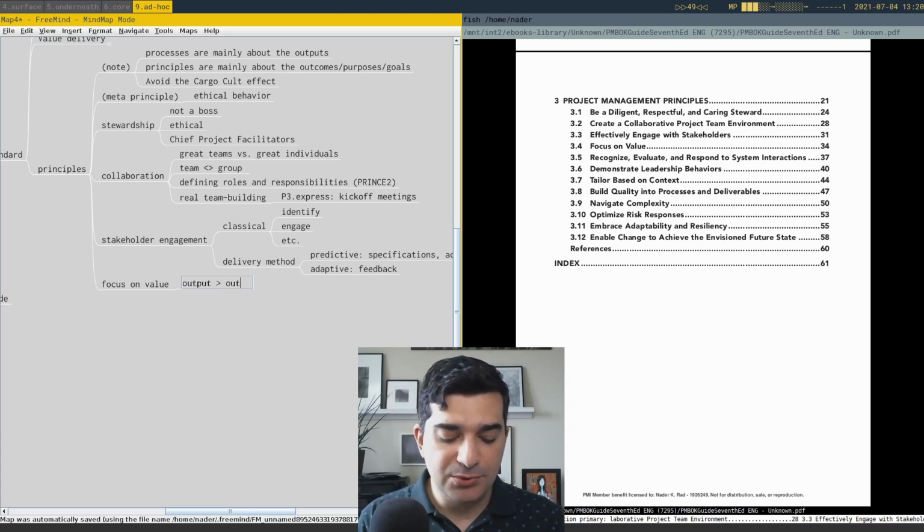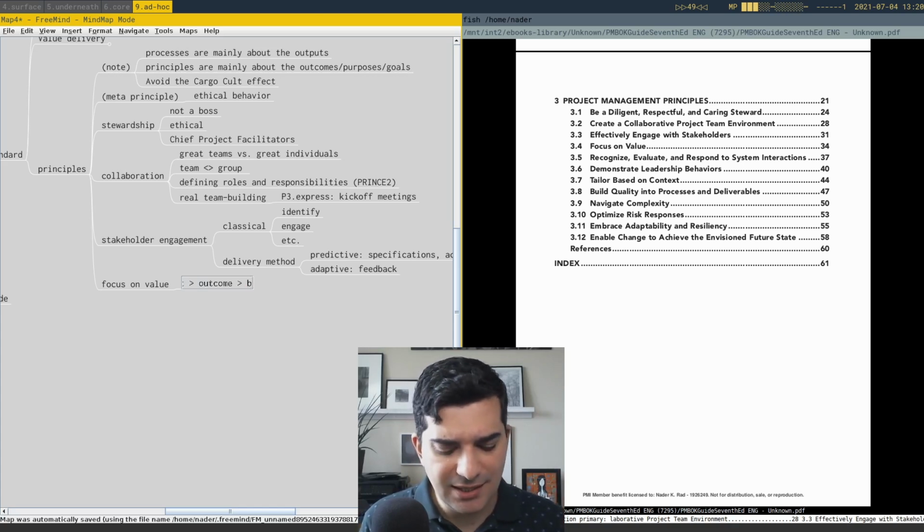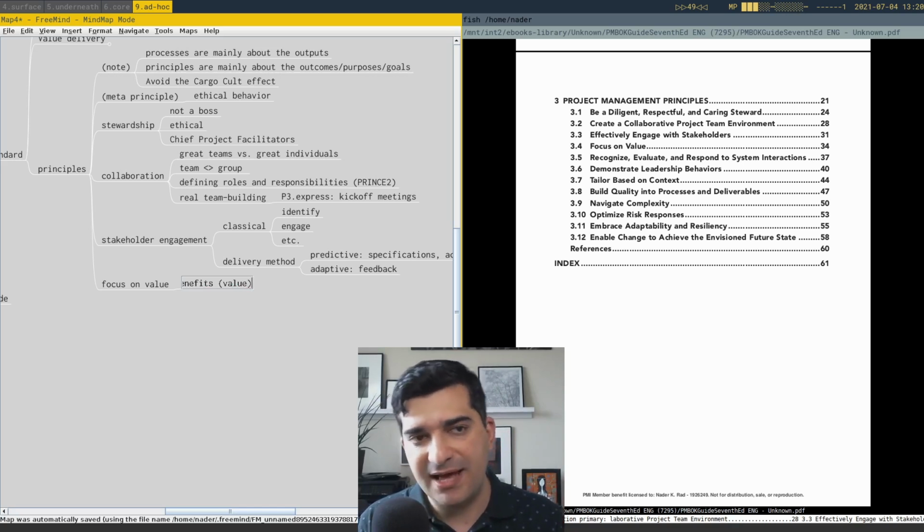Those outputs create outcomes, and outcomes are the results of using those outputs. And those outcomes create benefits. Benefits, which you can think of as value.